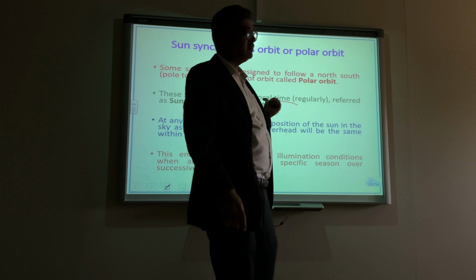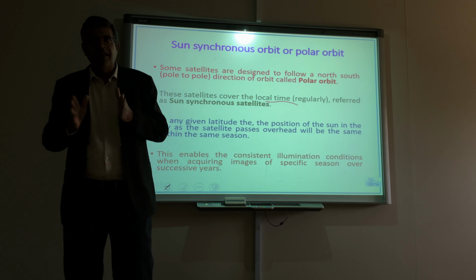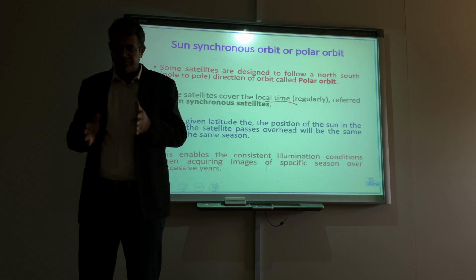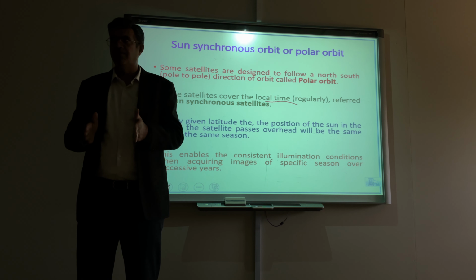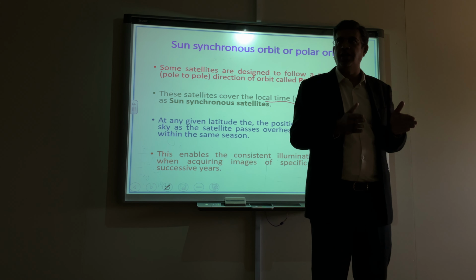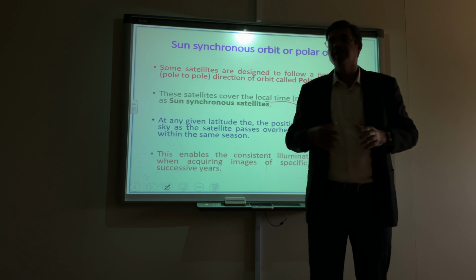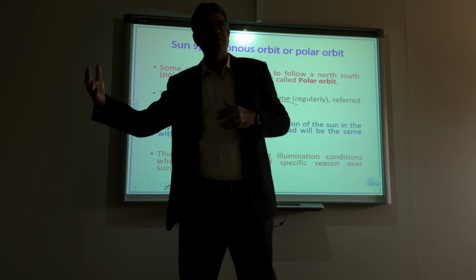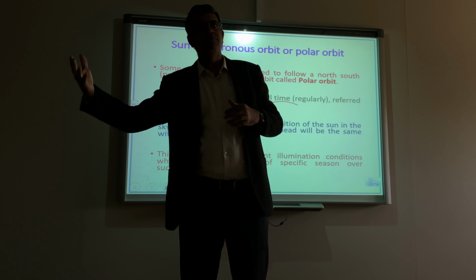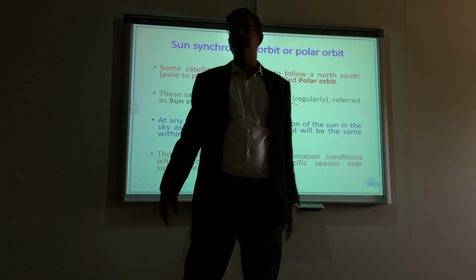But in this case, the position is changing, but at 10 o'clock, whether you are observing the satellite from Riyadh or from Jeddah, the position of the satellite will remain the same. At 2 o'clock the position will change, and at 2 o'clock it will be the same position for Riyadh, and the same position for Jeddah.